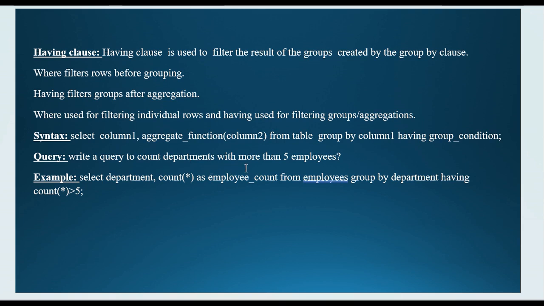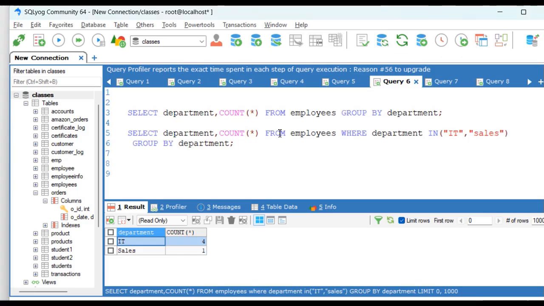Write a query to count the number of departments with more than 5 employees. Here we have to display which department has more than 5 employees. So we are counting the number of employees in each department, and we use HAVING after grouping the data to filter the grouped data.